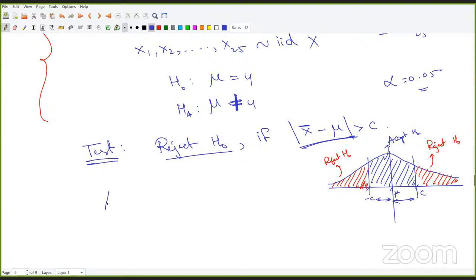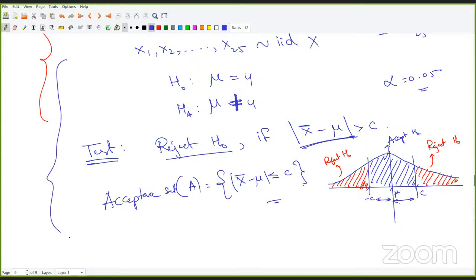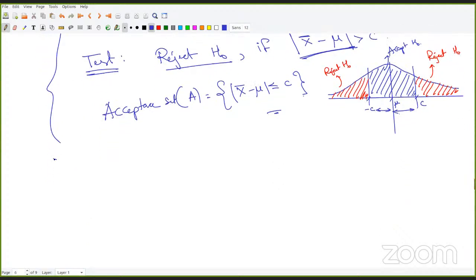So that is the acceptance region. The acceptance set A will be X bar minus mu less than c in modulus. Now we have everything we want. The setup was made, so the only part left is the computation.